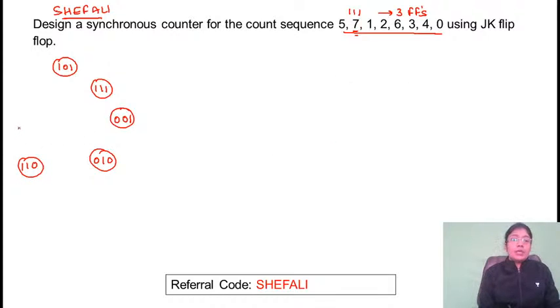Next we have 3, 0 1 1. Next we have 4, it's 1 0 0. Correct? And then we have 0. बच्चे इसको circle में बना लेना, but yeah, at least you can understand what is the next state.